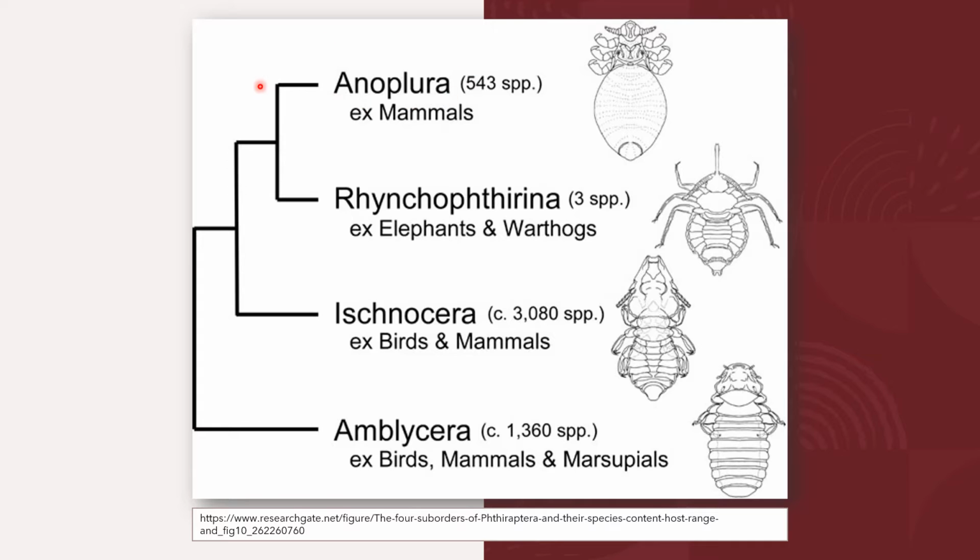The Anoplura are mainly found on mammals, and this number represents the species of Anoplura that are described. For the Rhynchopterina, there are only 3 species described, and their main hosts are elephants and warthogs. For the Ischnocera, there are about 3,000 species described in birds and mammals. For the Amblycera, they are described in birds, mammals, and marsupials, and there are about 1,360 species described.